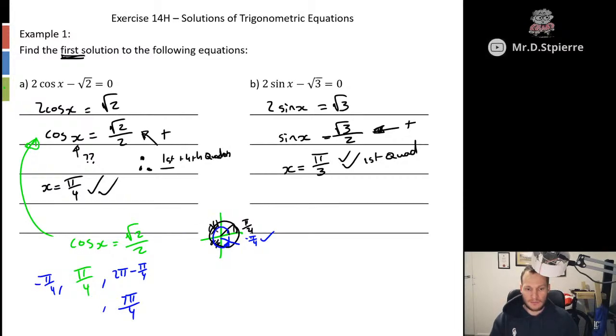Okay. And then just to draw another circle, what happens if we went around a full 360 degrees and then went up pi on 4? So we've gone 2 pi all the way around, and then we've got another pi on 4.